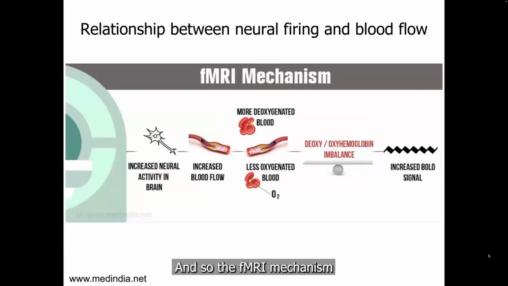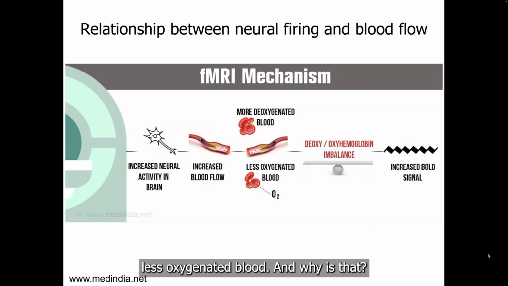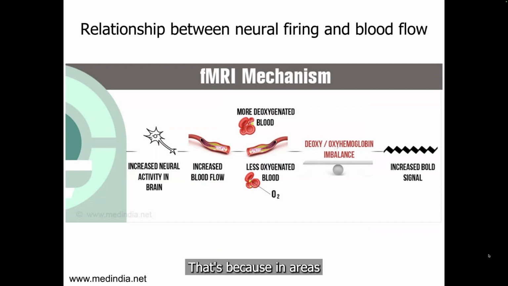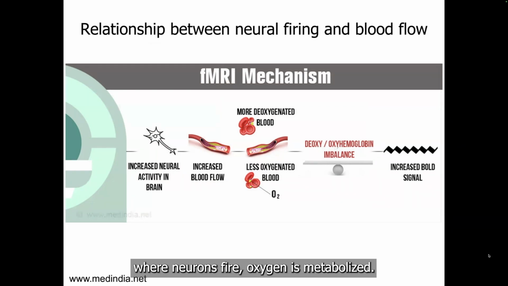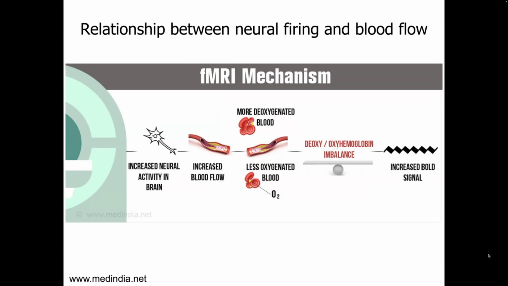And so the fMRI mechanism looks something like this: increased neural activity, increased blood flow, more deoxygenated blood, less oxygenated blood. And why is that? That's because in areas where neurons fire, oxygen is metabolized, and so there's more deoxygenated blood. Deoxygenated blood goes up.